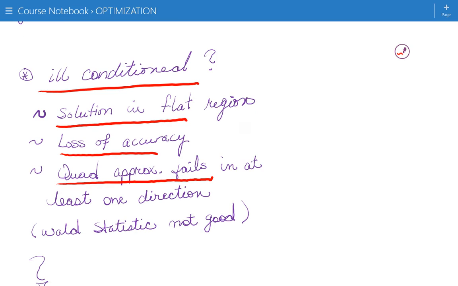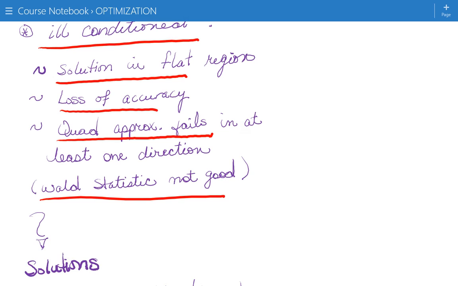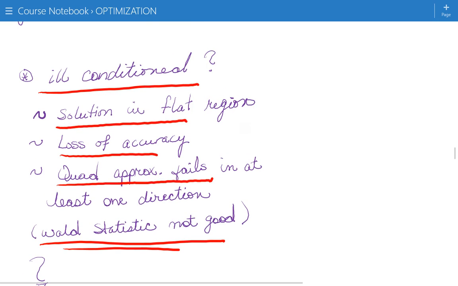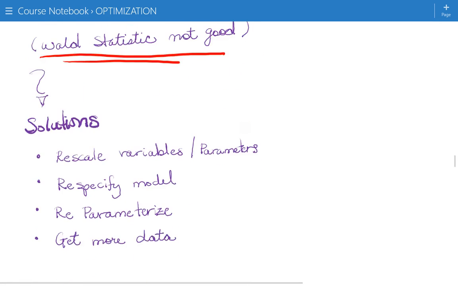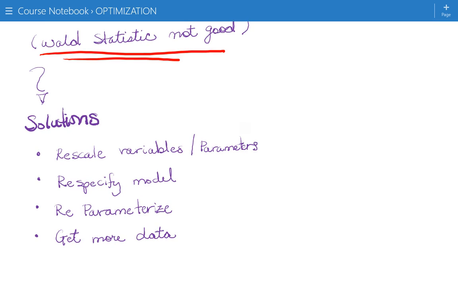If that's the case, the Wald statistics that you use will not be good. We'll explain later in our maximum likelihood lectures why this is the case. But you want to make sure that it's not an ill-conditioned matrix, and the simplest way is to look at a condition number. It's not foolproof, but it can certainly help.